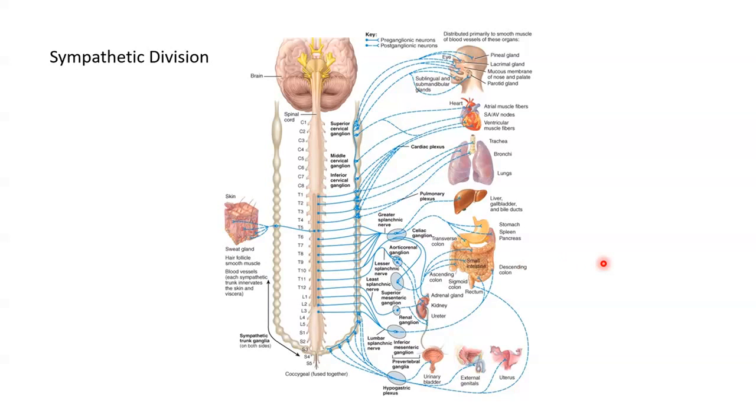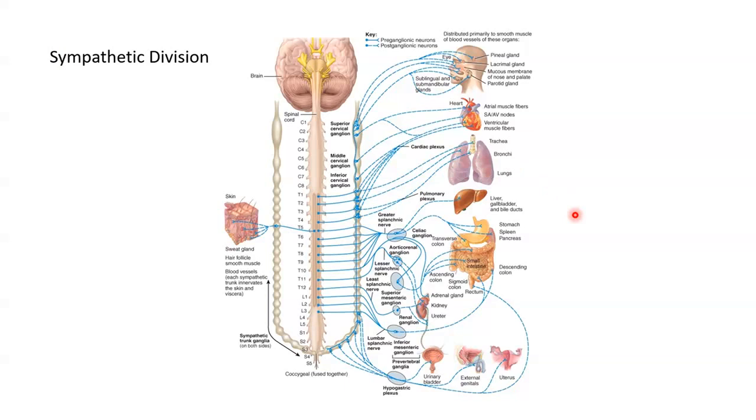Because all of the ganglia in the sympathetic division of the autonomic nervous system are found quite close to the spinal cord, either side or in front, the preganglionic sympathetic axons are quite short, but then our postganglionic sympathetic neurons are long. So it's only a short distance to go from the spinal cord to the ganglion, but it's a much larger distance to then go from the ganglion to our effector.